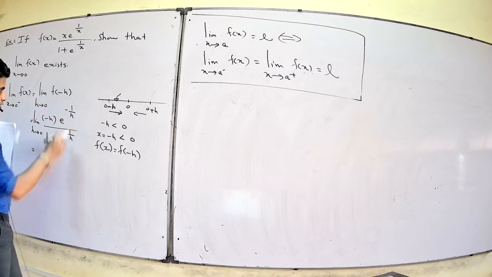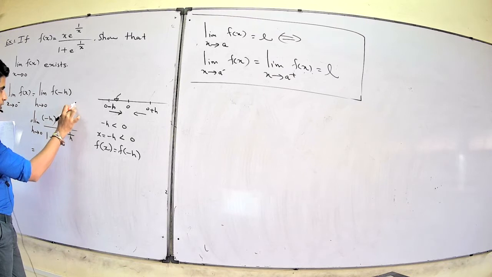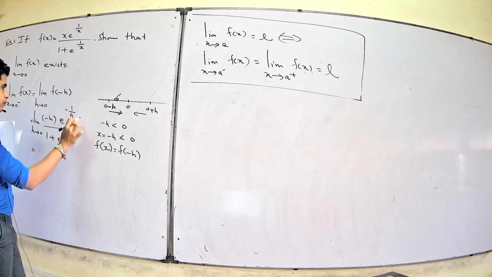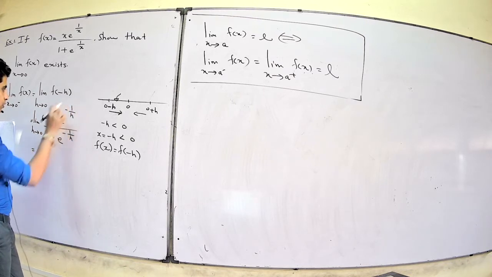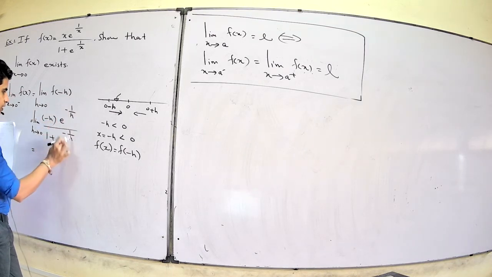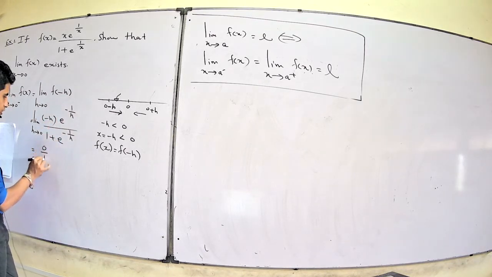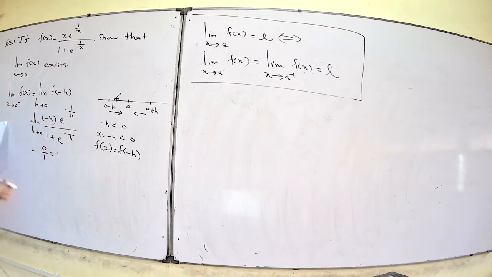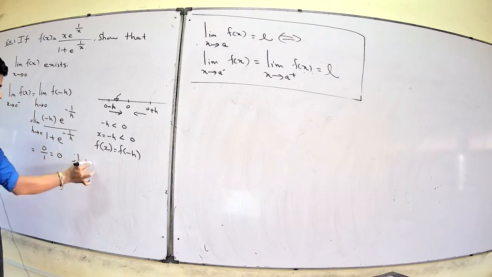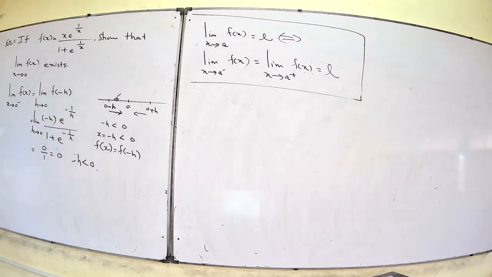Here h is positive, so if you put h tending to 0, 1 over h is infinity, e power minus infinity is 0. The numerator is 0 and the denominator is 1, so 0 over 1, your limit value is 0. This is for the h less than 0 case. Did you understand this part? Now this is your left limit.